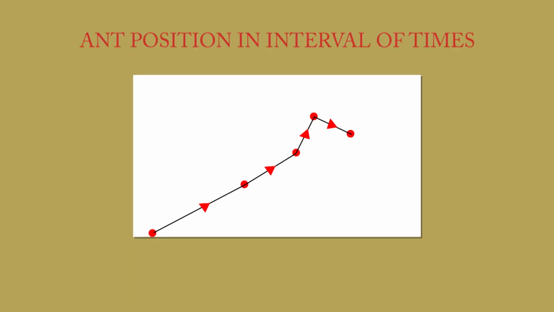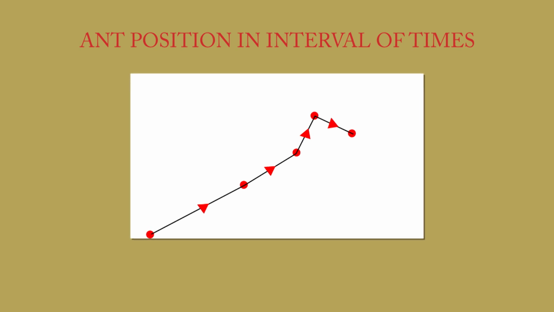Keep marking its position after a few seconds as it moves along on the sheet of paper. After some time, shake the paper to clear it off of the sugar and the ants. Now, connect the different points that you have marked using arrows to show the direction in which the ant was moving. Each point that you have marked shows where the ant has moved to in intervals of a few seconds.